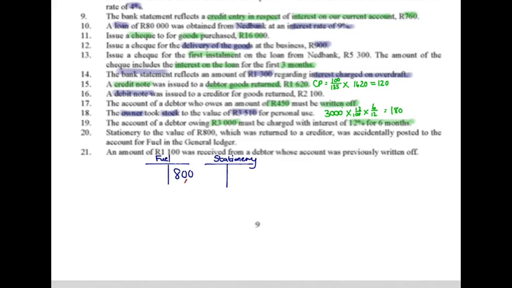But that is wrong. I was supposed to credit stationery. So therefore I need to take it out of fuel by adding 800 Rand in fuel and then taking it out of stationery. So the debit is in fuel and the credit is in stationery.